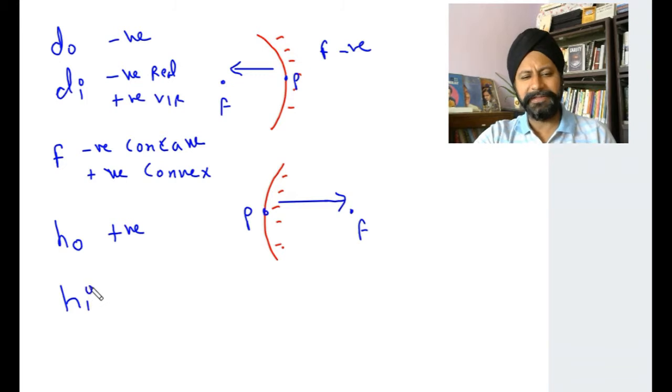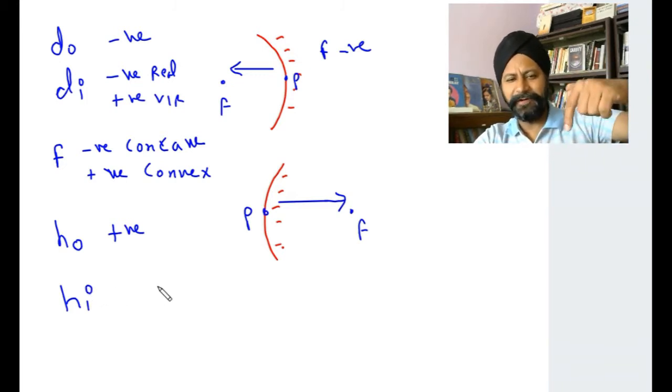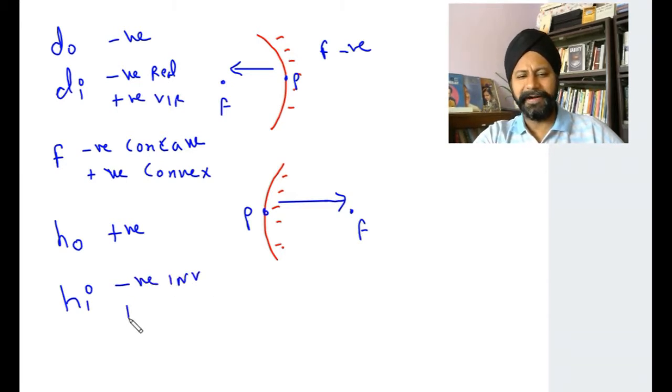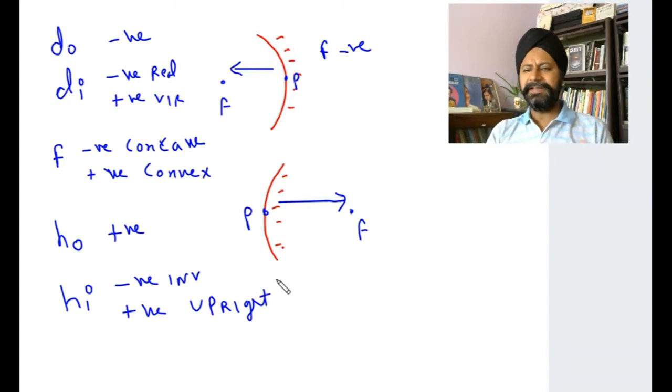Now the height of the image, when it is real, it is inverted, right? So the height of the image will be negative for inverted images, and positive for upright images, as in virtual images. Okay? So there is nothing new in this. This is all x-axis, y-axis. So let's do a question, and that will make things easy.